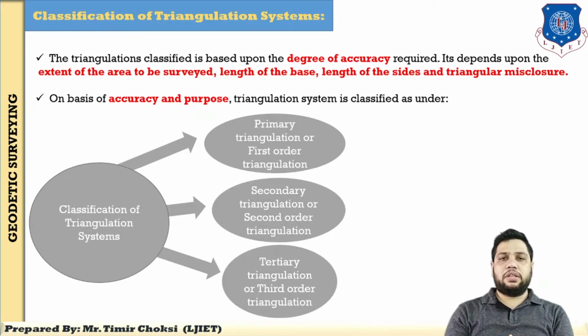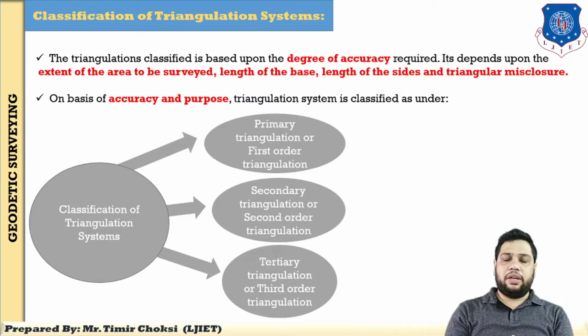The triangulation system is classified based upon the degree of accuracy required, and it depends upon the extent of the area to be surveyed, length of the base, length of the sides, and triangulation mesh closure.